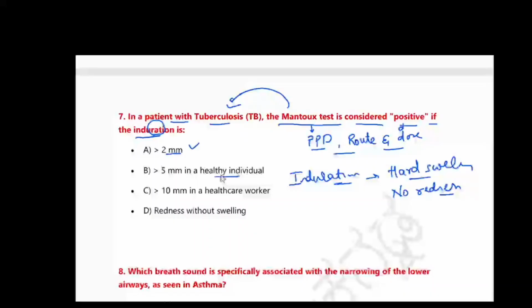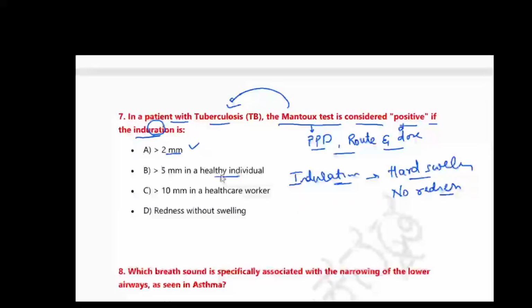Hence more than 10 mm in a healthcare worker, or more than 5 mm in immunocompromised people like HIV or diabetics, etc. In such cases, even more than 5 mm induration is considered as positive for TB.